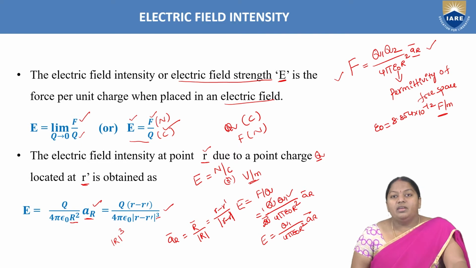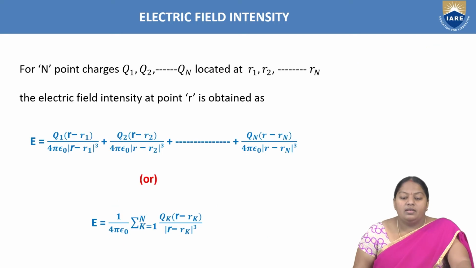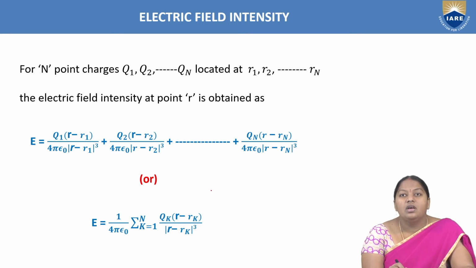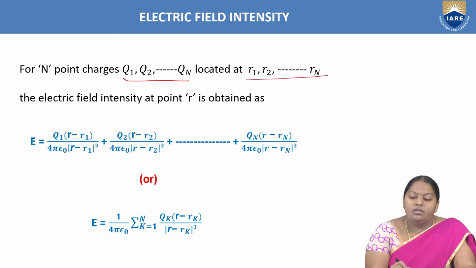Then instead of only 1 or 2 point charges, if we have n number of point charges located at n position vectors, let us consider all n point charges Q1, Q2, Q3 and so on up to Qn, located at R1, R2, R3 and so on up to Rn, where R1 to Rn are position vectors.